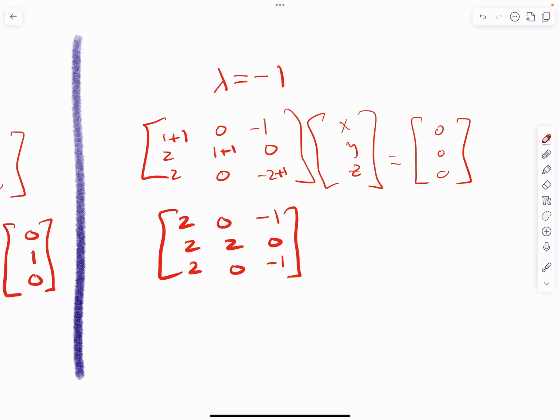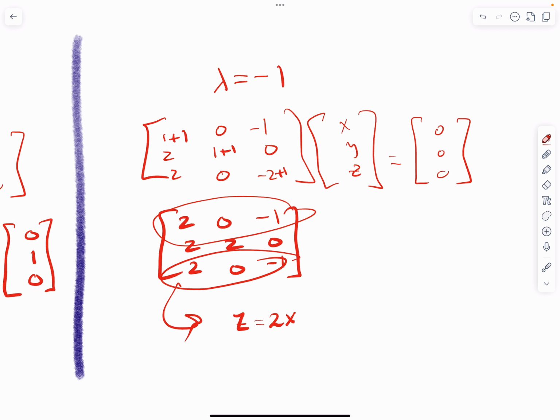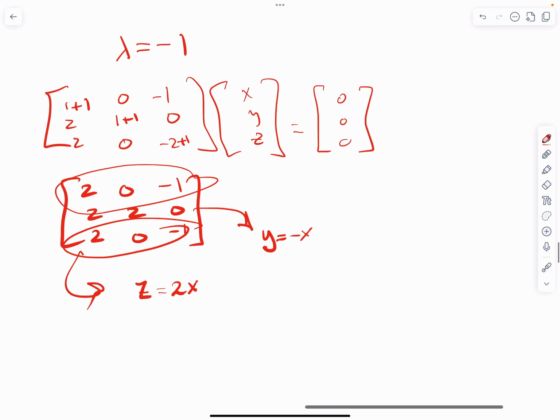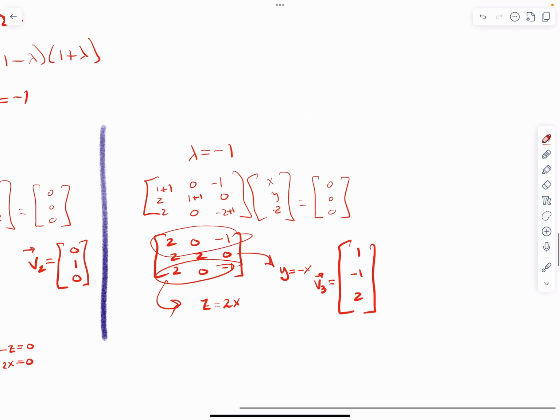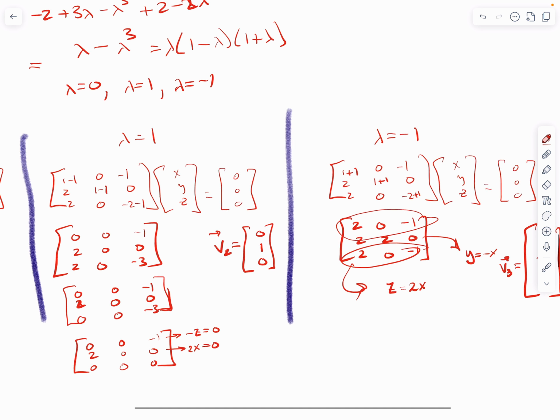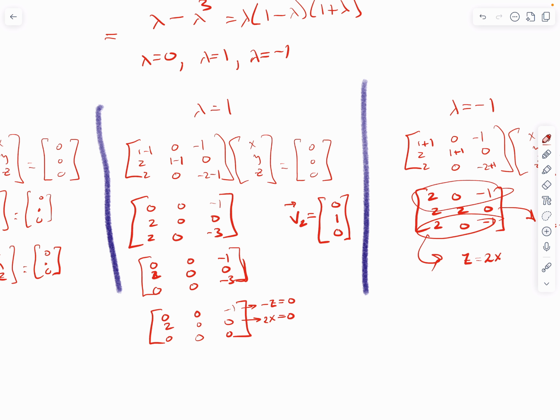The top and bottom row say that z has to equal 2x. If you take either of these, that's what you get for your equation. And this one tells you that y has to equal -x. So x will be our free variable. Pick whatever you want for x. And then y has to be the negative of that, and z has to be 2 times that. So that's my eigenvector. Hopefully this helps, and we'll see you on Thursday this week.